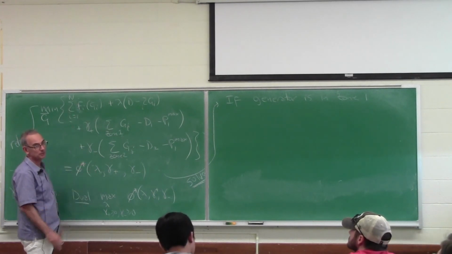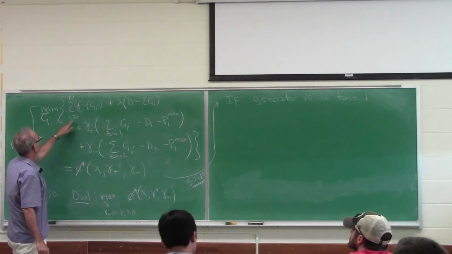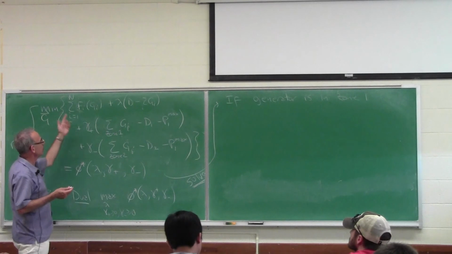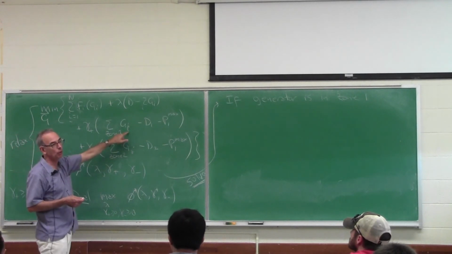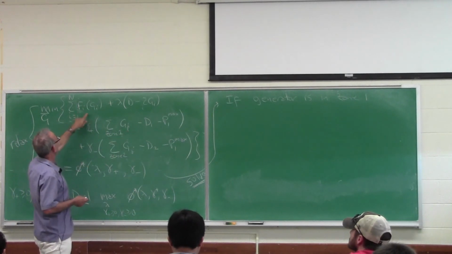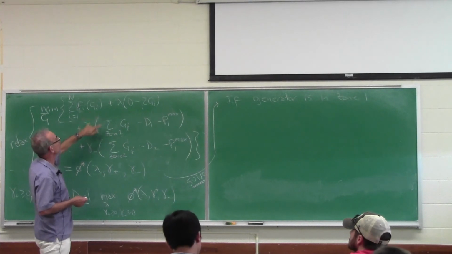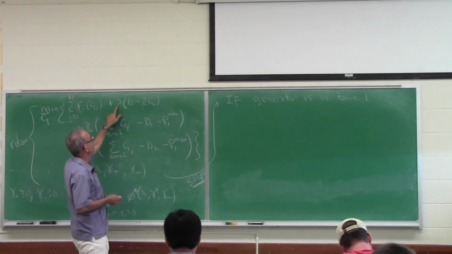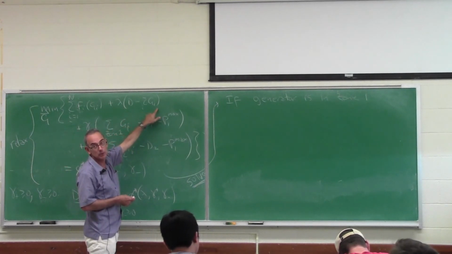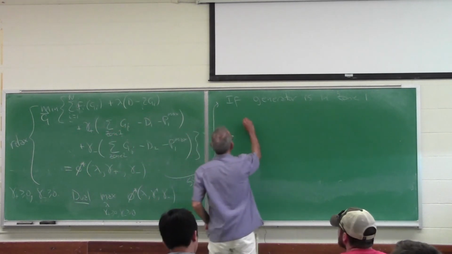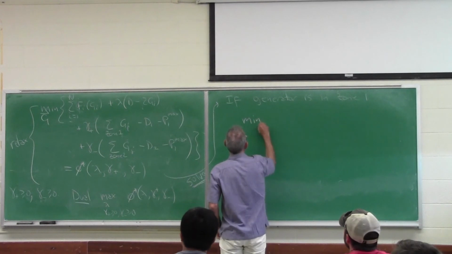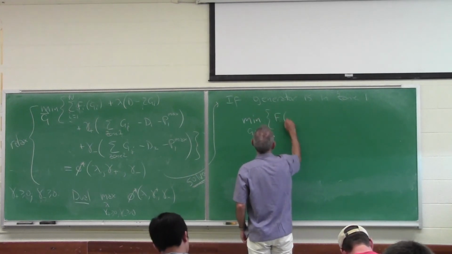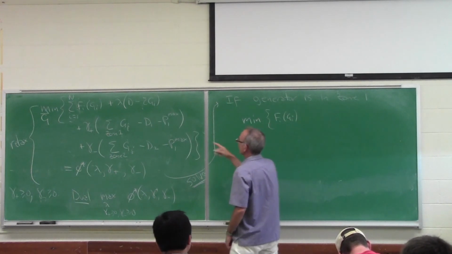But it decouples, right? Let's look at a case where it's in zone 1. It appears here, so there's an f of i of g i I have to worry about. There's a lambda times g i I have to worry about.